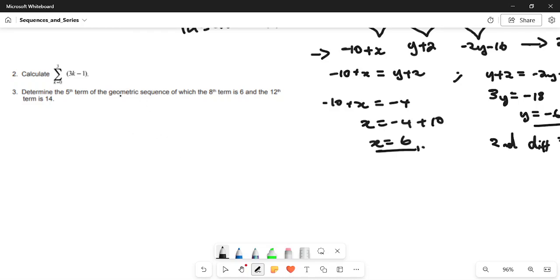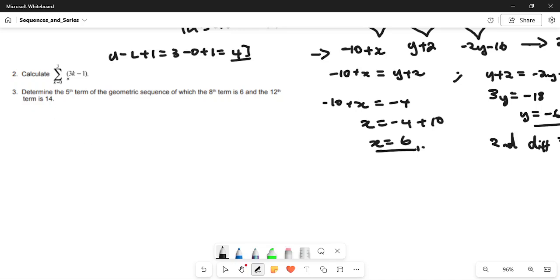Just for the sake of good practice, we'll say the upper bound minus the lower bound, then plus 1. That is 3 minus 0 plus 1. So in total, we've got 4 terms, or rather, we are adding 4 terms.